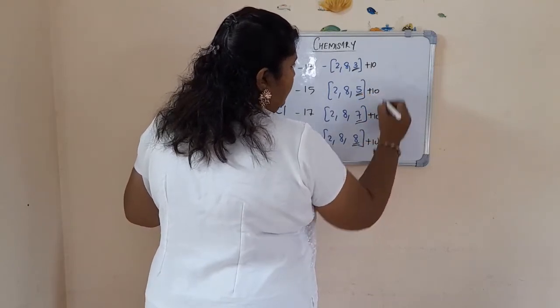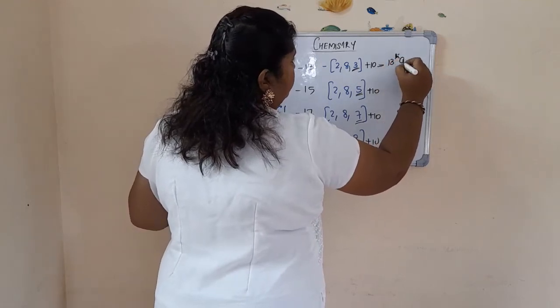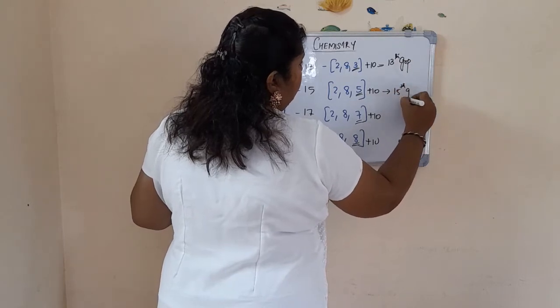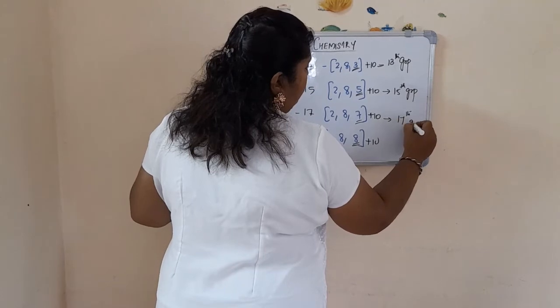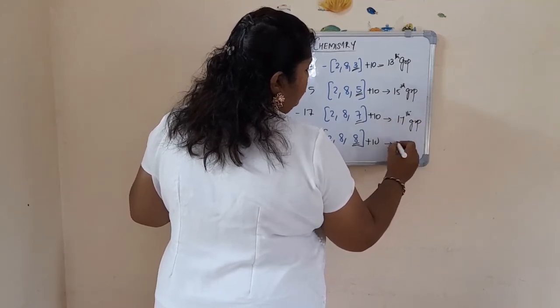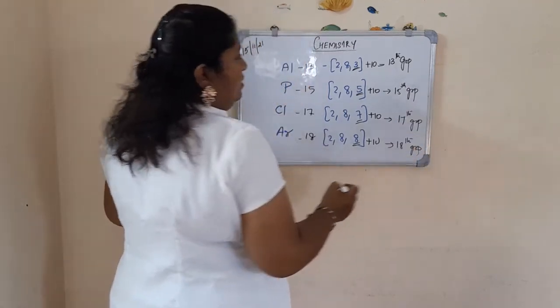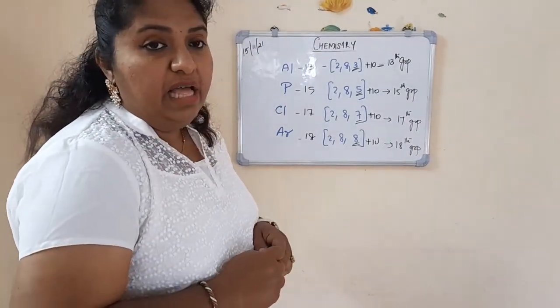So you can understand that this belongs to the 13th group, this belongs to the 15th group, this belongs to the 17th group, and this belongs to the 18th group. So this is how we are going to find out the group number of elements.